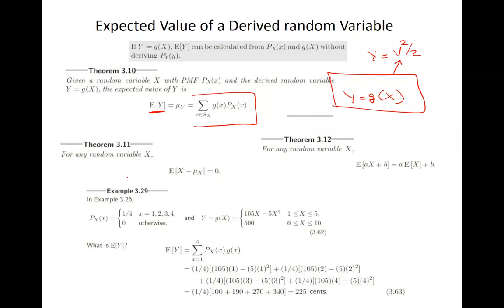The expected value of x minus mu x is equal to 0, because this x is equal to mu x. And the expected value of ax plus b is a times the expected value of x plus b, that's a linear operation. You see in this example, px is given, y is given, so we can construct y from here, and then we can determine the expected value of y using this equation.